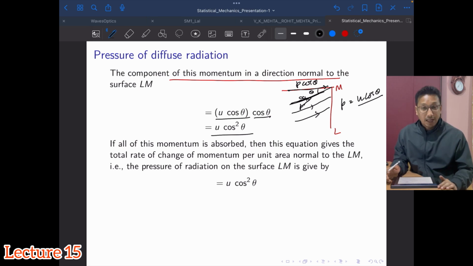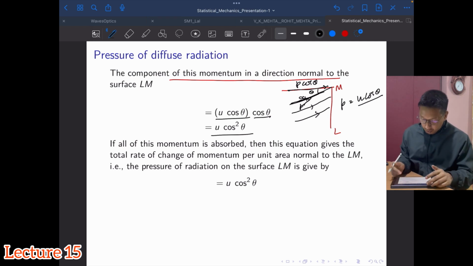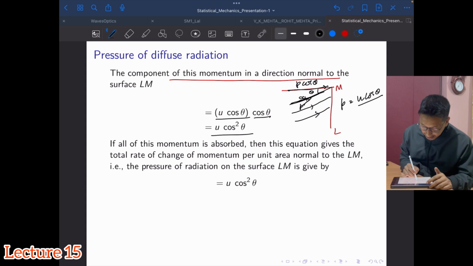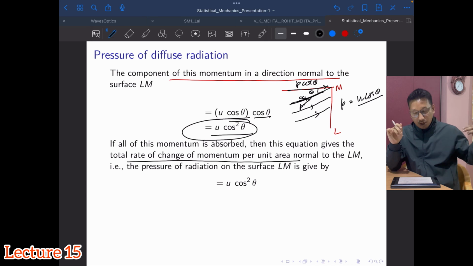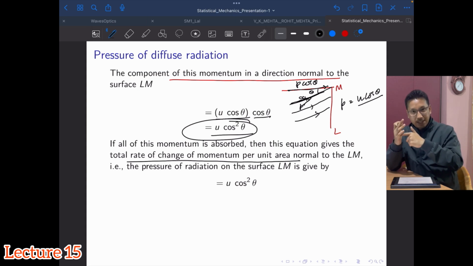Now assuming that all of this momentum is absorbed, this is the expression for the total rate of change of momentum per unit area normal to the surface LM. The momentum of the photon falling on this surface ultimately gives u cos square theta.